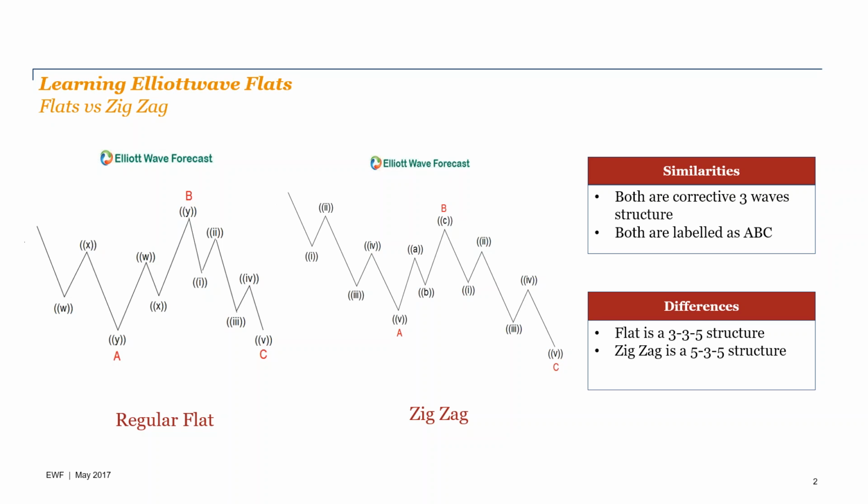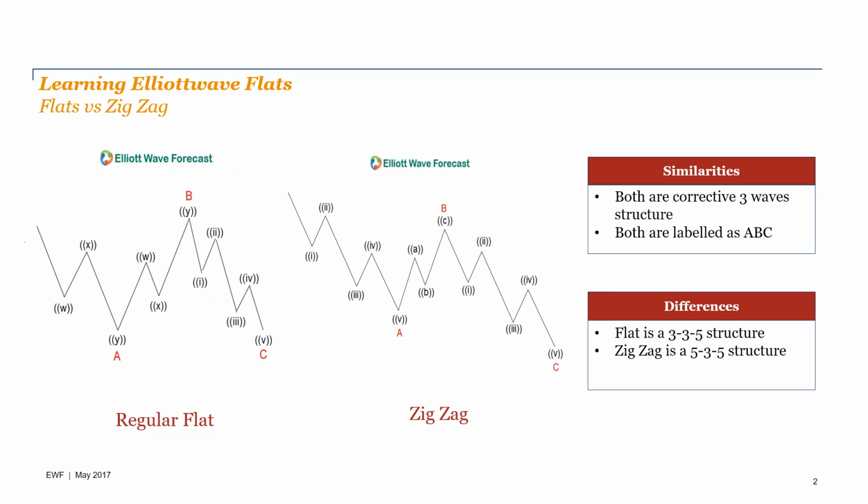Yes, I can explain that, Antonius. An ABC is usually used to label a corrective structure. In Elliott Wave, you have two main types of structures. One is called impulse, and when you are talking about impulse, that usually means it is the trend.